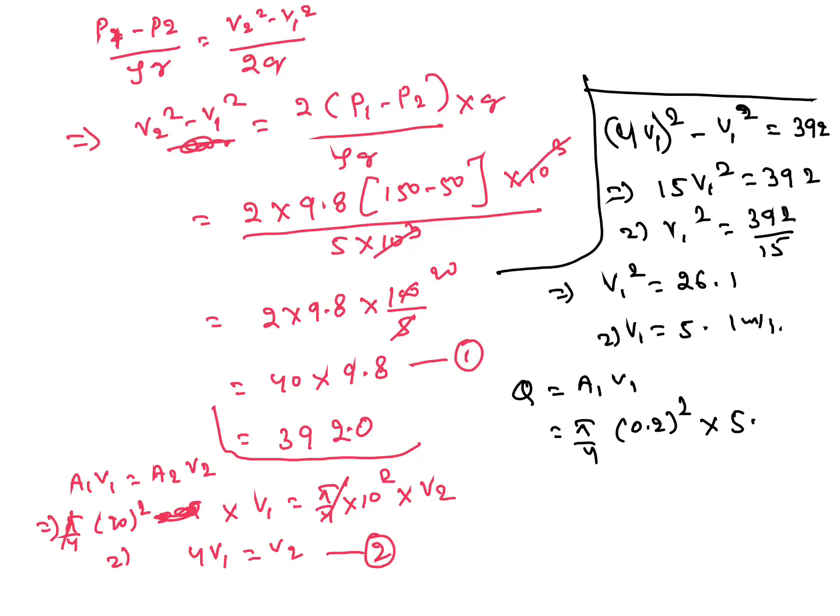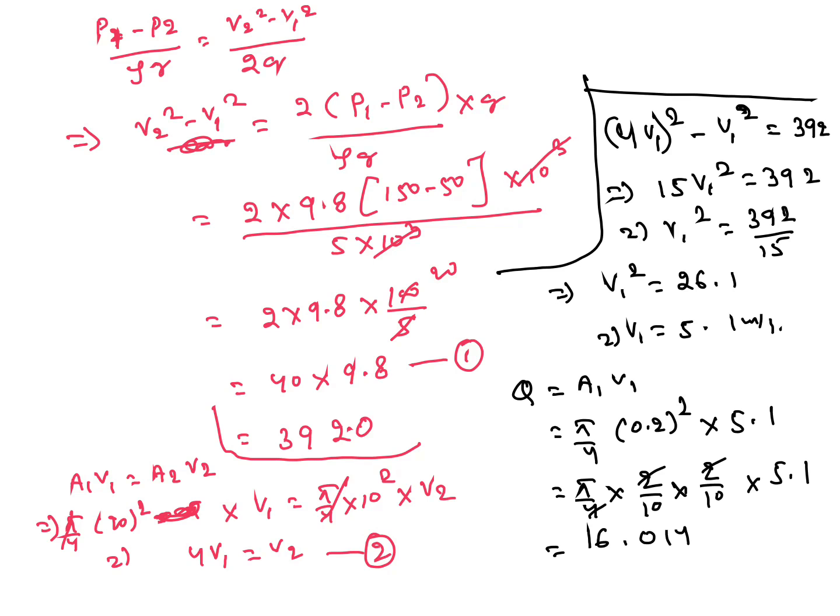Pi by 4 into 2 by 10 into 2 by 10 into 5.1. 4 cancel. 5.1 into pi is 16.014, divided by 100.